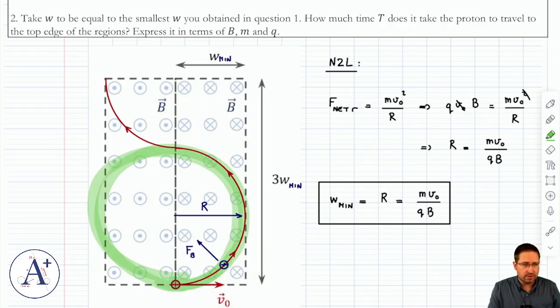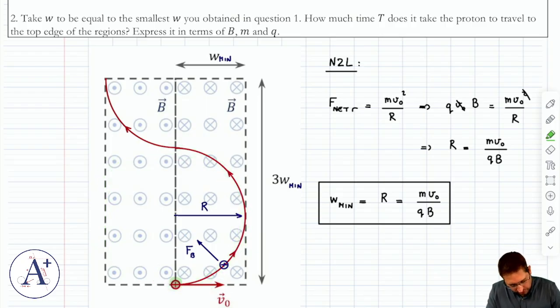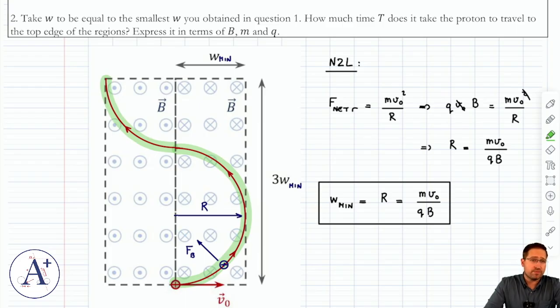The particle doesn't go around this circle here. But this part here is half a revolution. This part here is a quarter of a revolution. So overall, the distance traveled by the particle corresponds to 3/4 of a revolution, in other words, to 3/4 of the circumference of that circle. But the point is, if it takes me an amount of time, t revolution, to complete one full revolution, it's going to take me 3/4 of that time to complete 3/4 of a revolution.